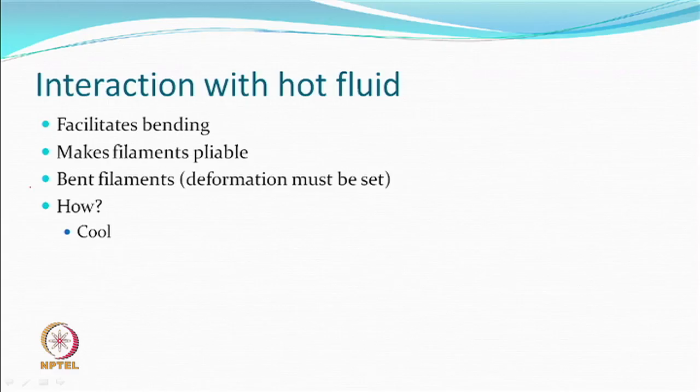So, common sense also says that after hot air bending, it will become pliable, so it becomes easy bending. The bent yarn must be made stable. So, there has to be a process of cooling the yarn, so that we get the crimps stabilized, and so there has to be a cooling mechanism.